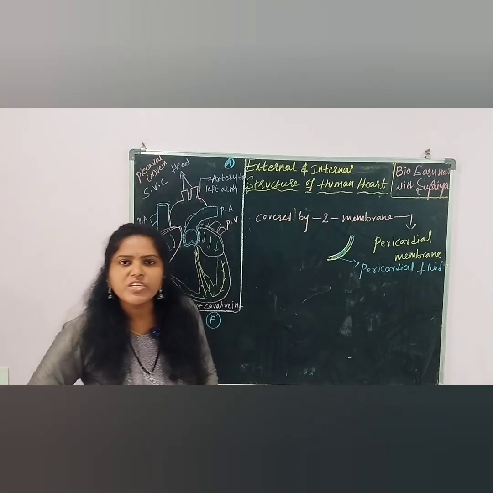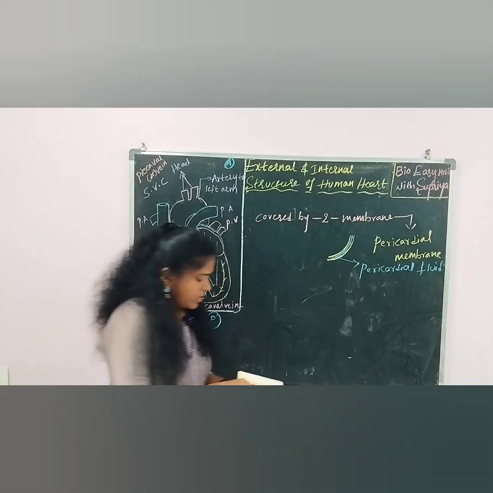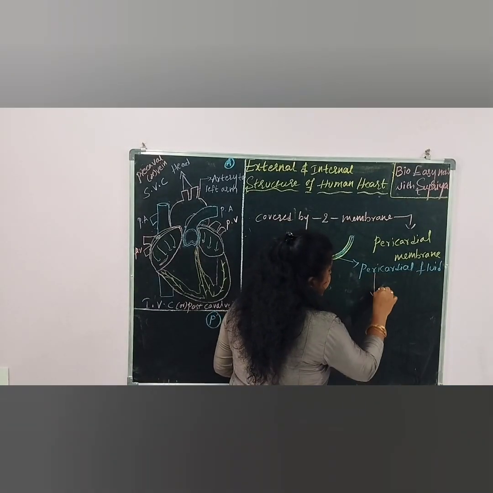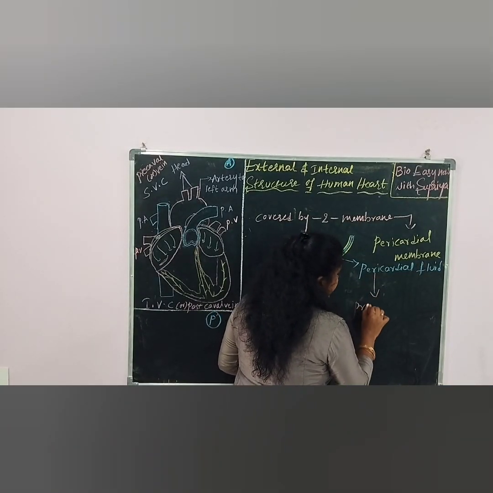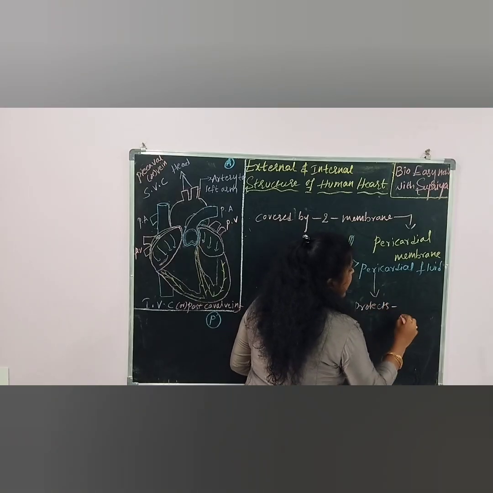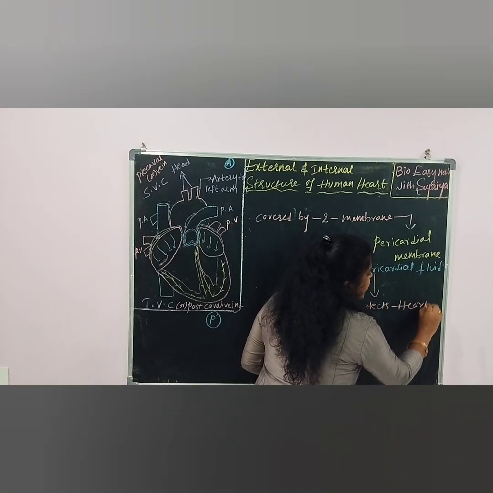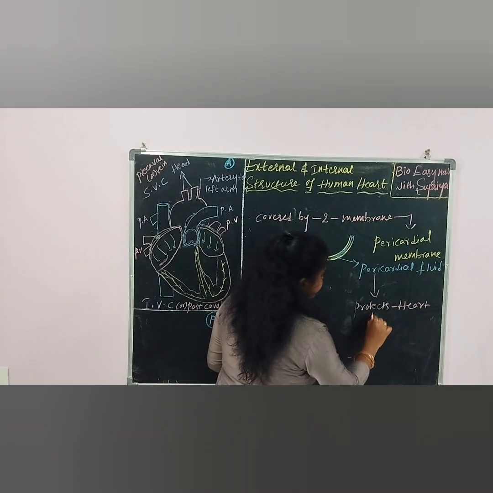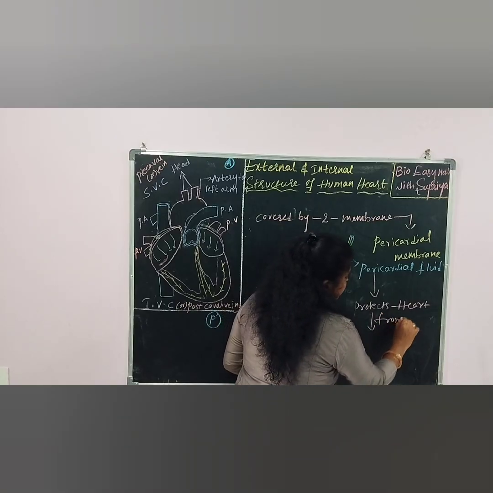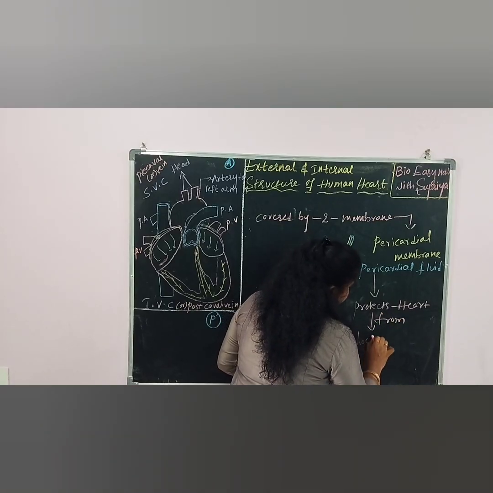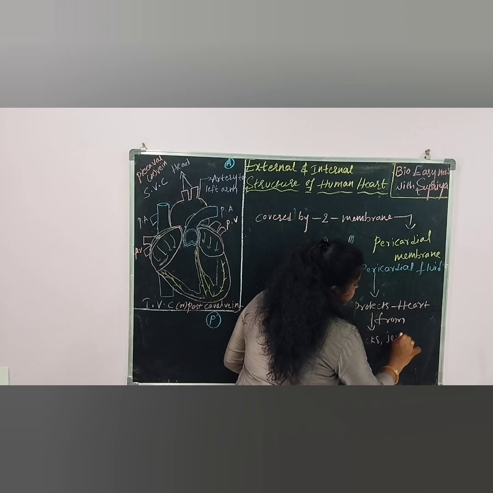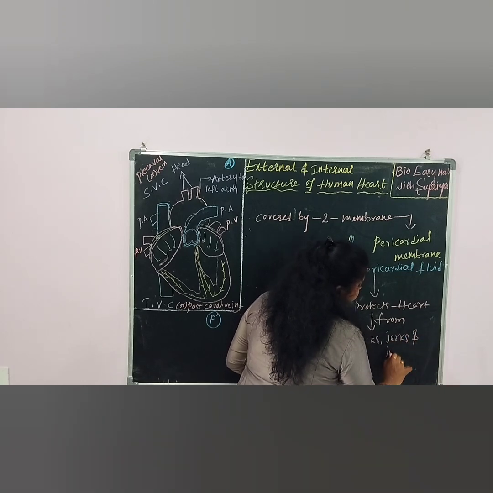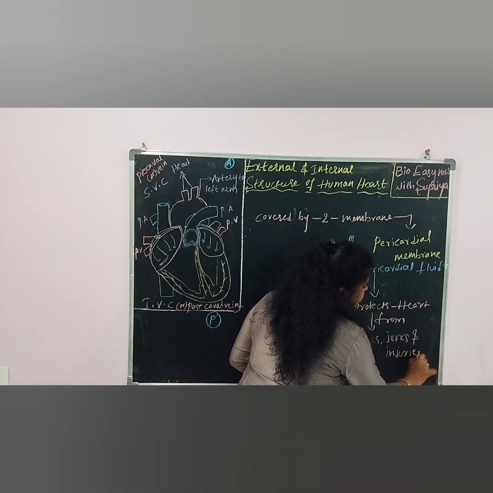And what is its function? The pericardial fluid protects the heart. How does it protect the heart? From shocks, jerks and injuries.